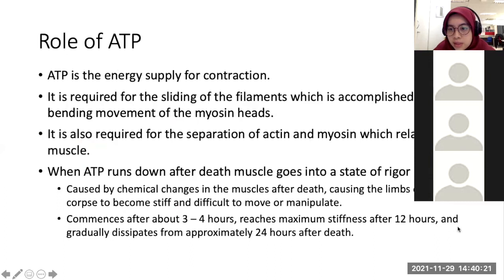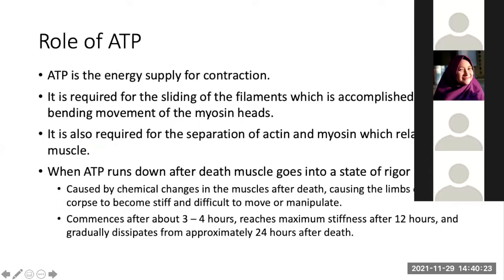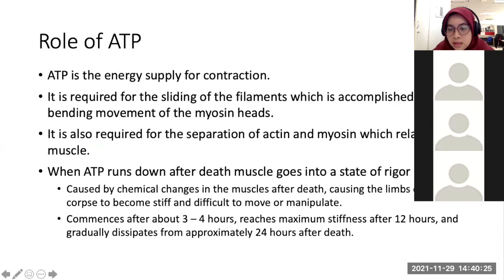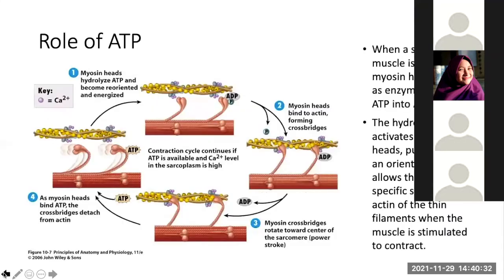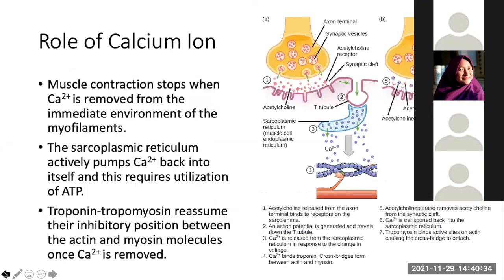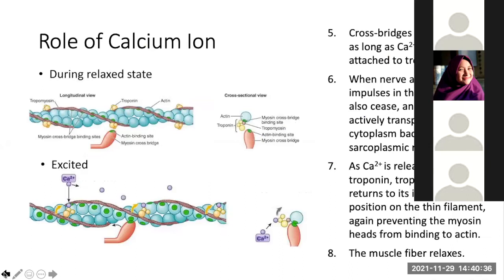Sorry, someone is asking something. Doctor, the calcium ions will bind to the troponin, and this happens concurrently with the presence of ATP? Yes. So all of this happens at the same time. It's not that one comes first.